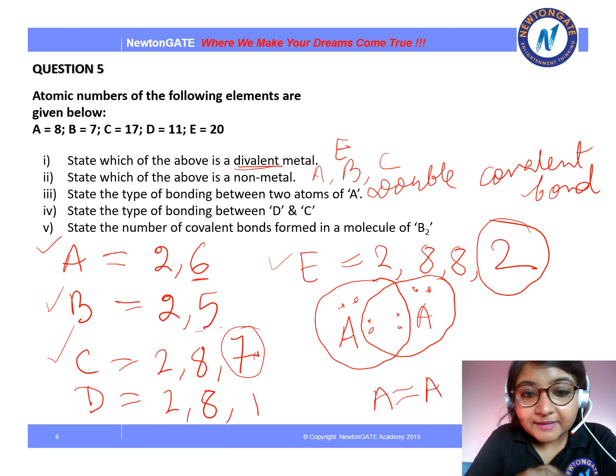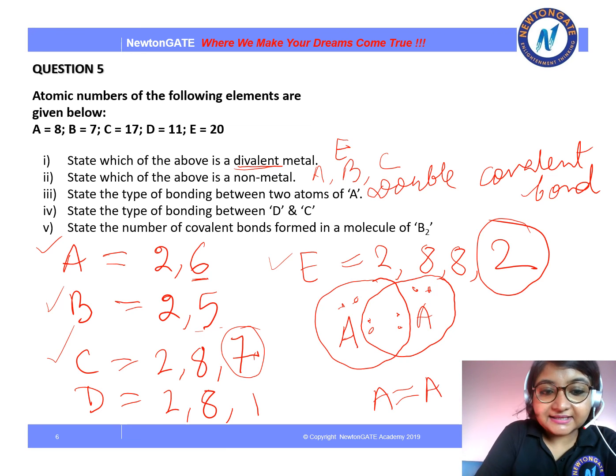And state the type of bonding between D and C. See, for D and C you can see that D will lose 1 electron to complete its octet, that is 2, 8, and this 1 electron can be transferred to C to complete its octet.